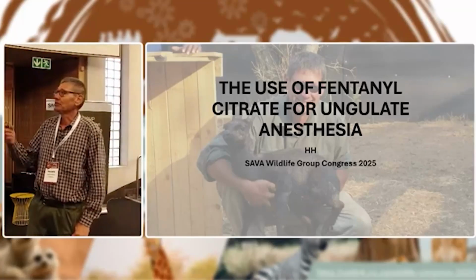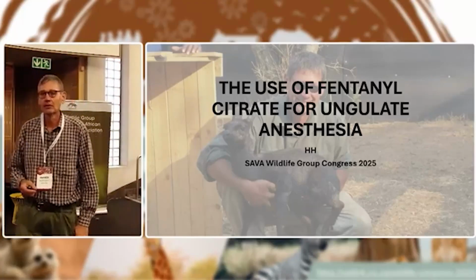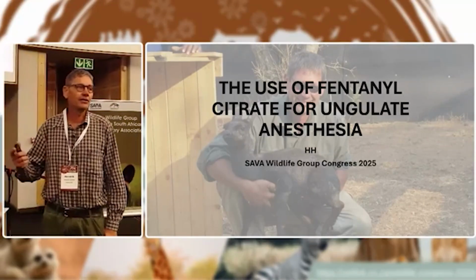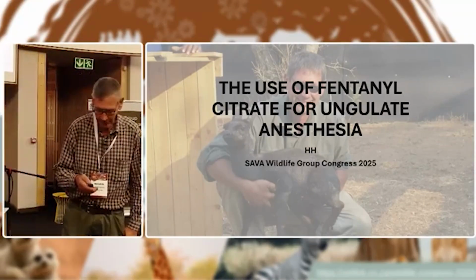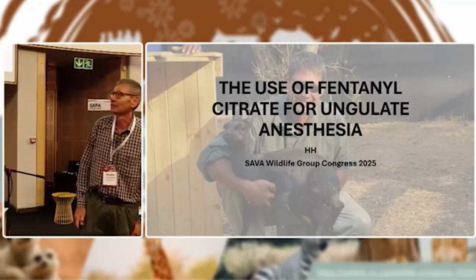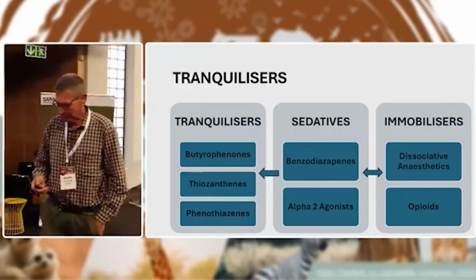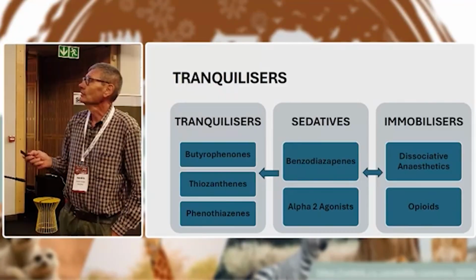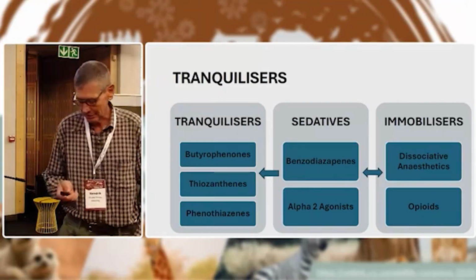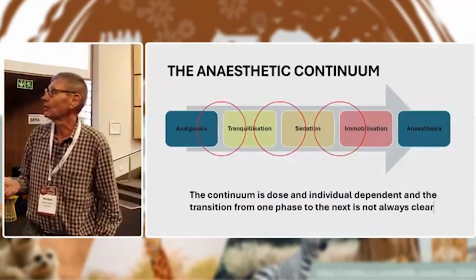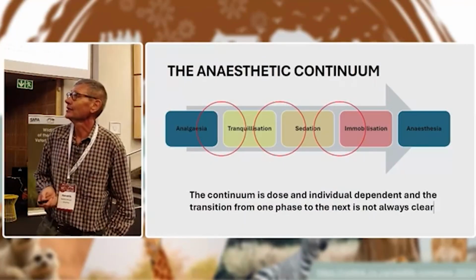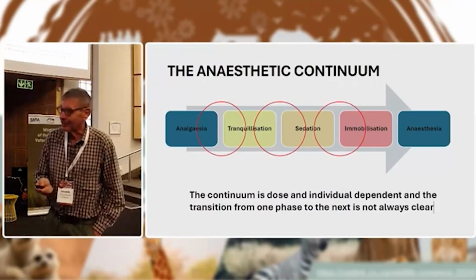I think the great question is, why revisit fentanyl, and why do we need another opioid? We've got a whole range of drugs that we can work with. We're going to talk about the anaesthetic continuum.